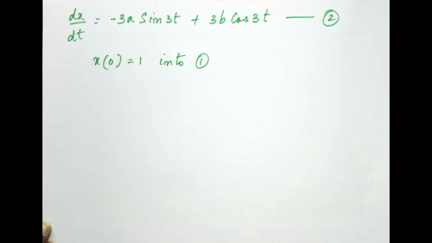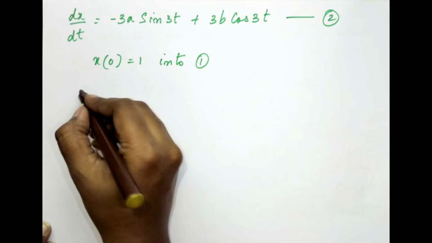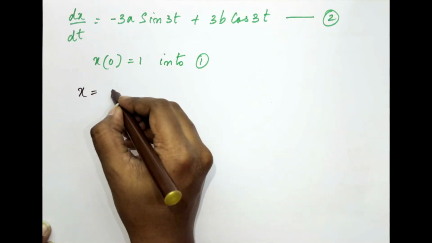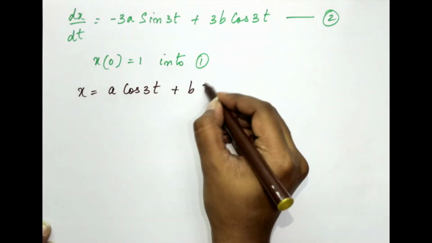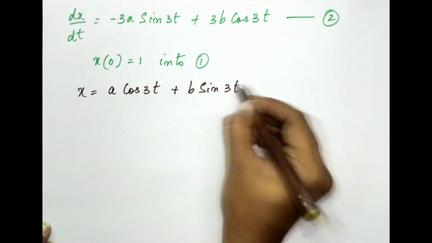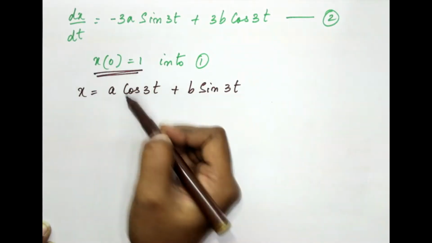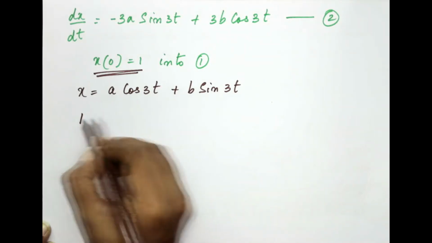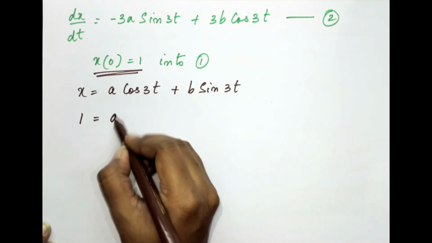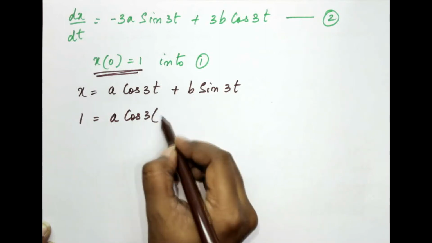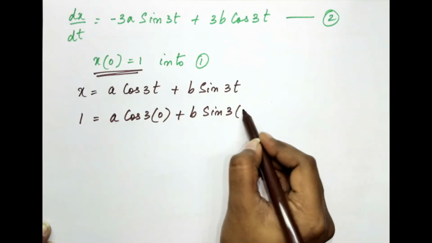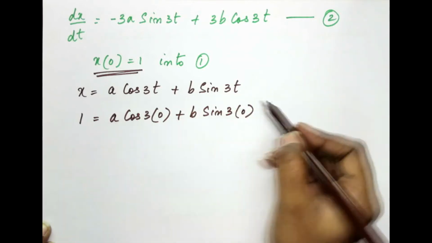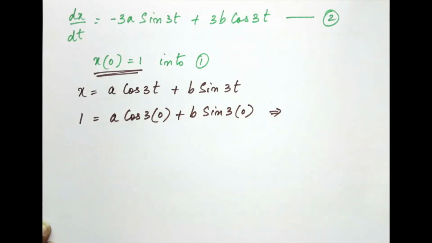What was the first equation? x equals a cos 3t plus b sine 3t. Let's substitute this here. We would have 1 is equal to a cos 3 of 0 plus b sine 3 of 0. Now what does this imply?